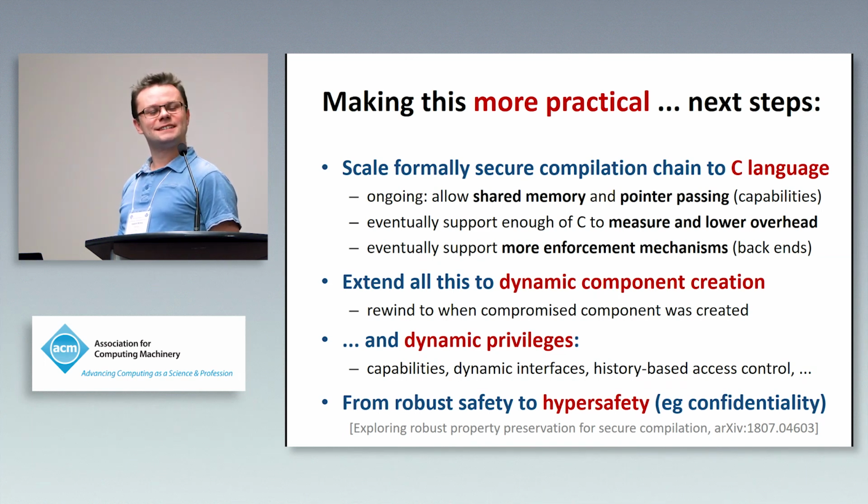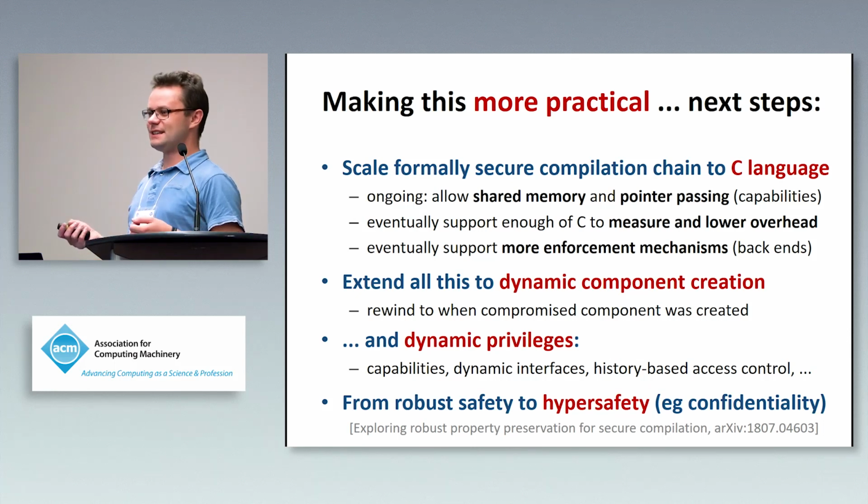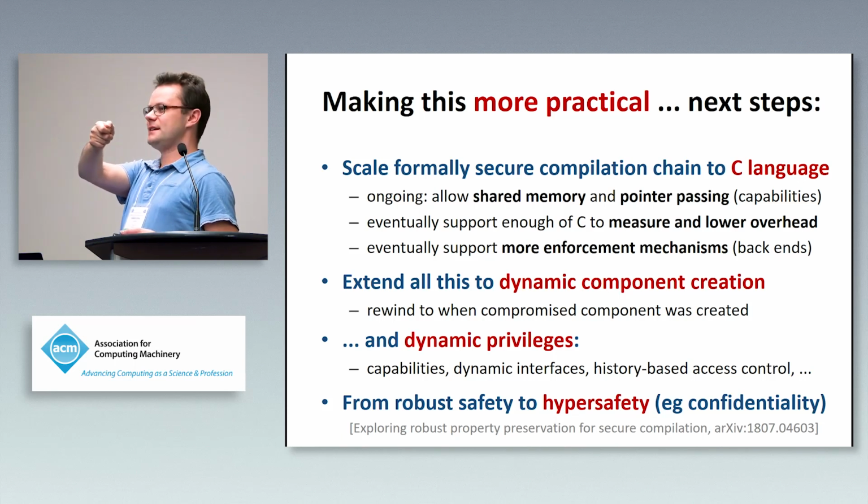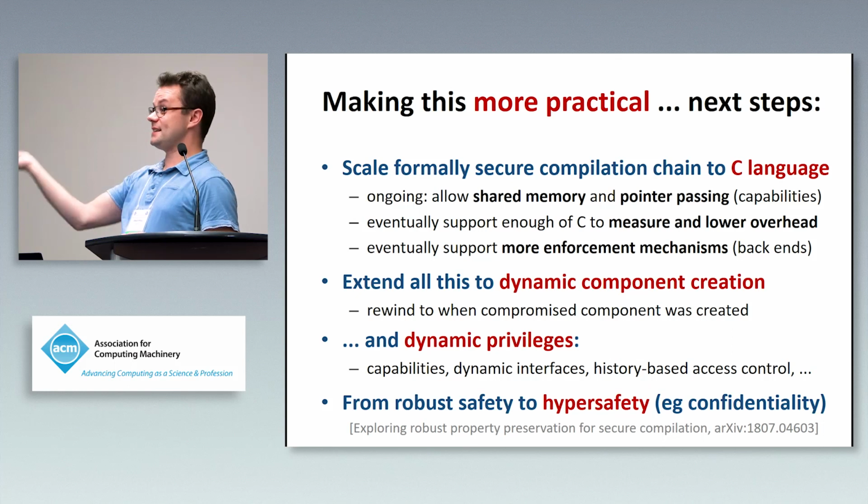Well, there are two things. There's that, and then we have a notion of static privileges. If in your original C code, a certain component wasn't importing a certain procedure from some other component, then the fact that it gets compromised doesn't give it access.